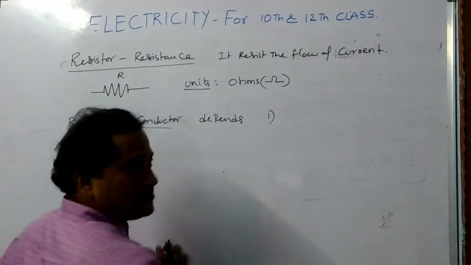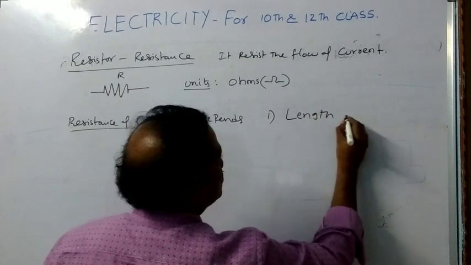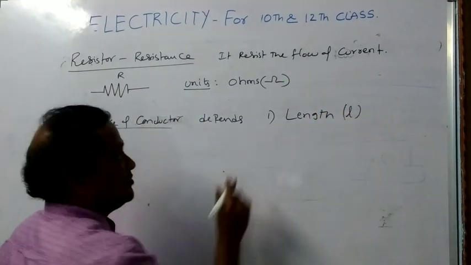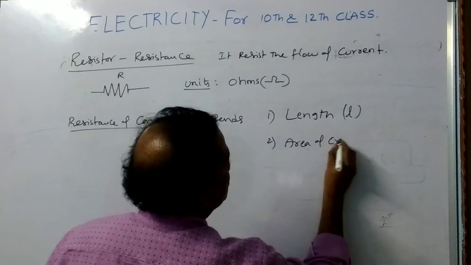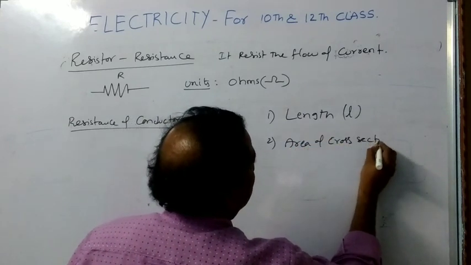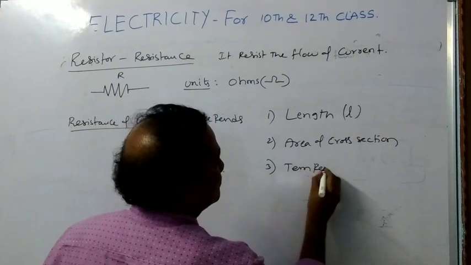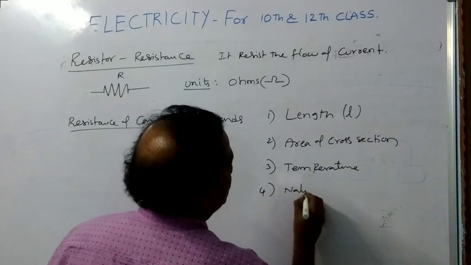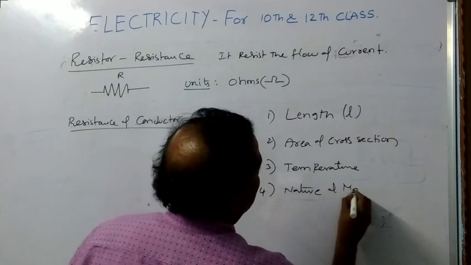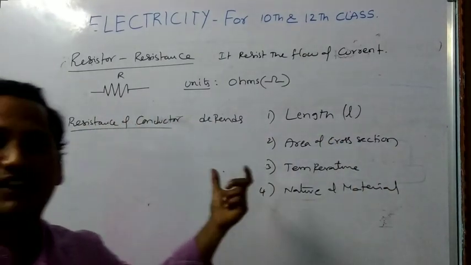Number one, length of the conductor, L. Number two, area of cross section. Number three, temperature. Number four, nature of material. On these four factors, resistance of a conductor will depend.